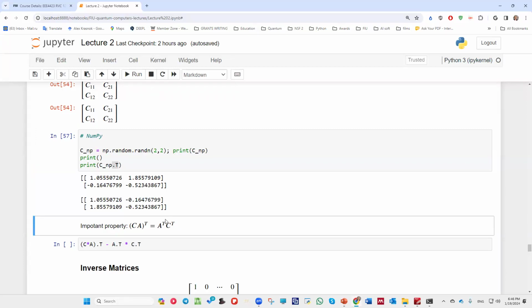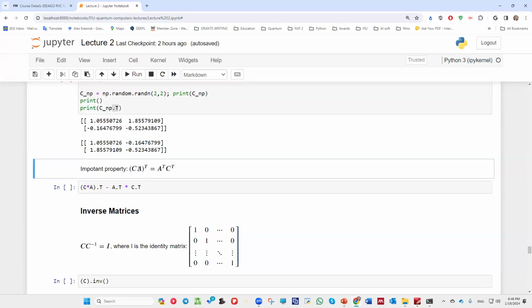There is an important property for the transposition of matrices. We state that if you transpose the product of two matrices, you have to write them in the reverse order: the transpose of the product of C and A is equal to A transpose times C transpose. And if we have more matrices here, like B, C, A, then we have to write the product of the transposed matrices in the reversed order. This is also quite important. We can check this out.